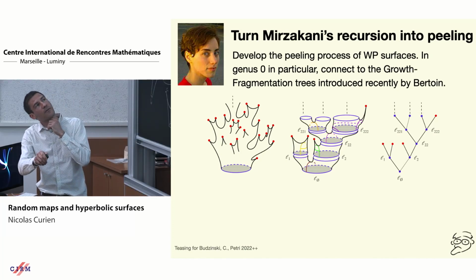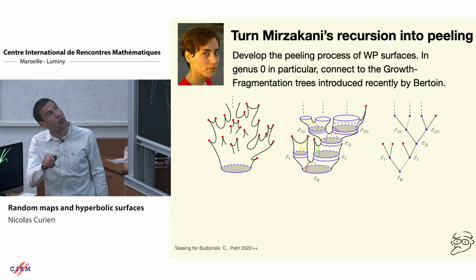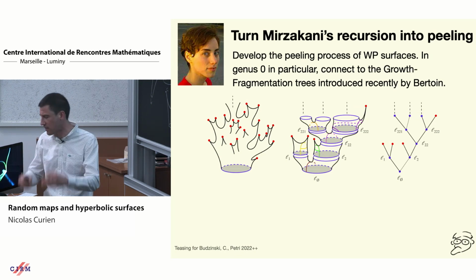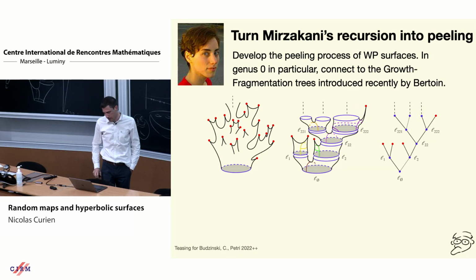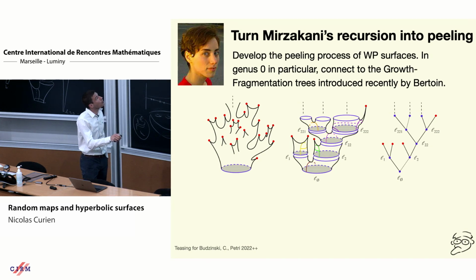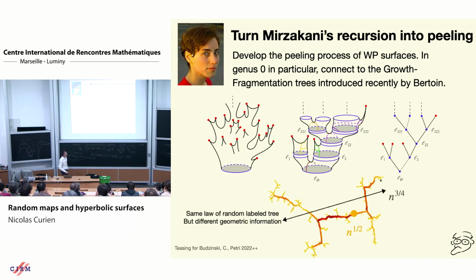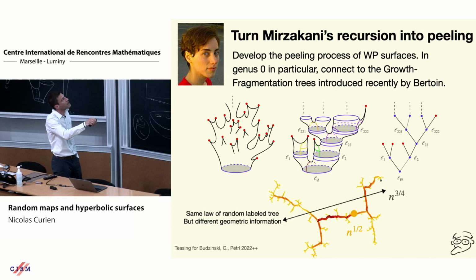Okay, so we explore pair of pants after pair of pants by throwing geodesics, and the way we throw those geodesics, the starting point here, depends on the algorithm you pick. Regardless of the algorithm, the law of the tree that you see here, the tree decorated with these lengths, this is a random labeled tree, this law is independent of the algorithm you choose.